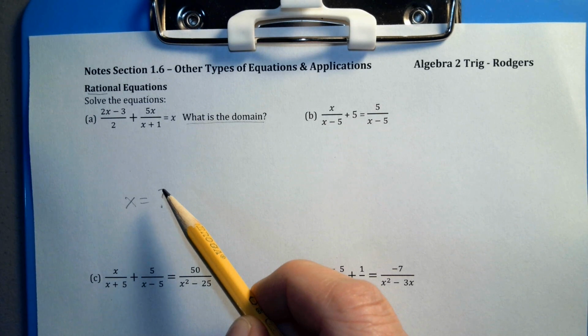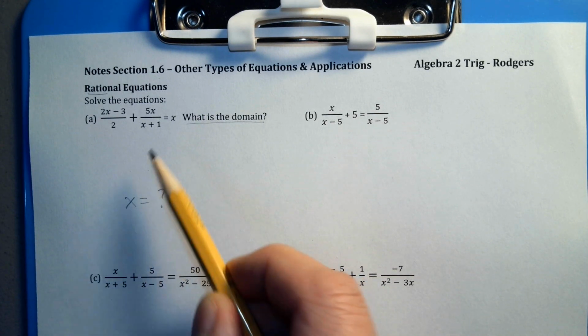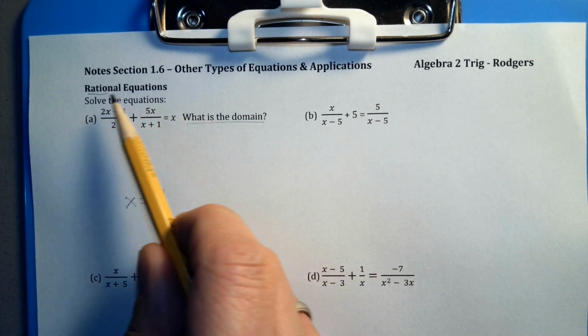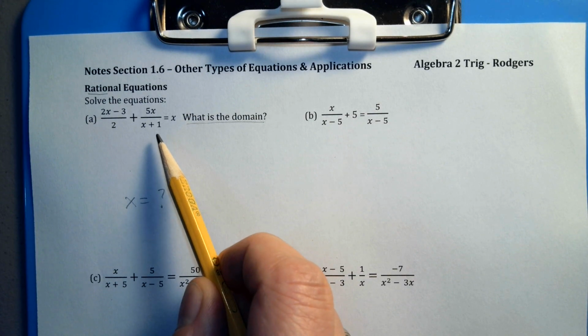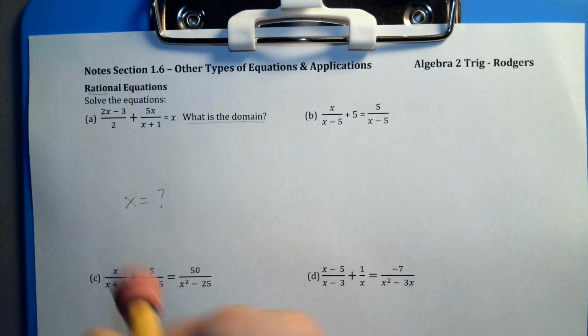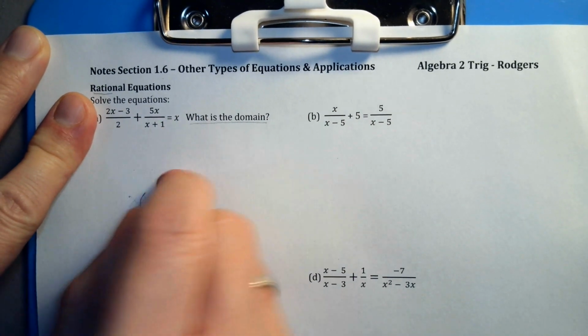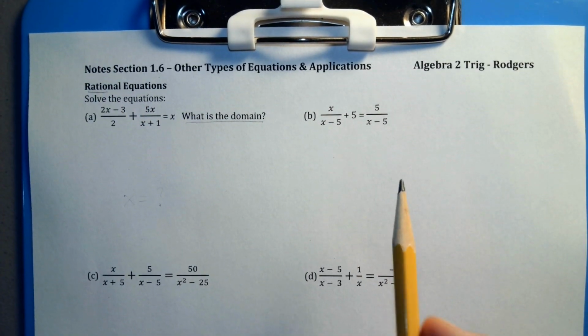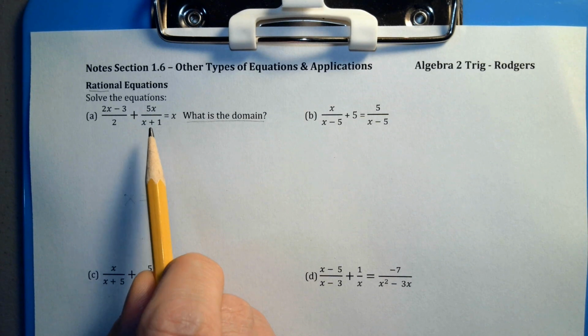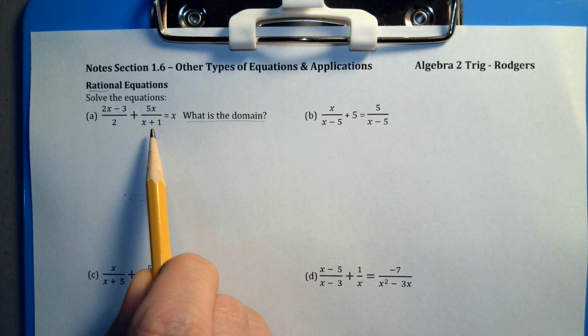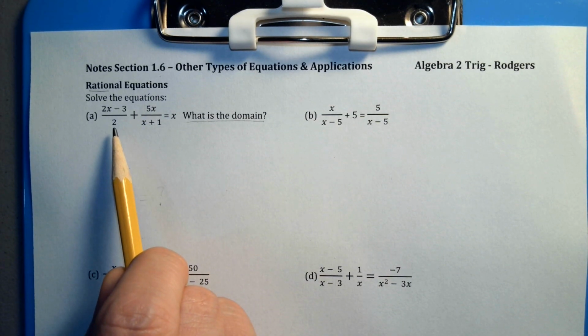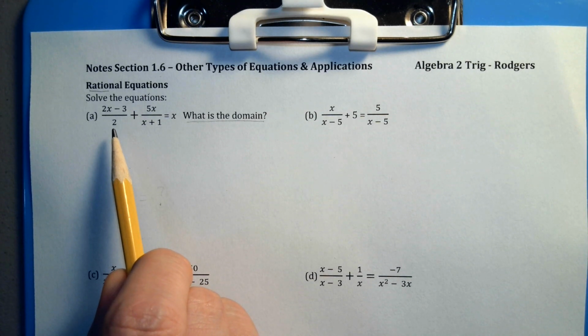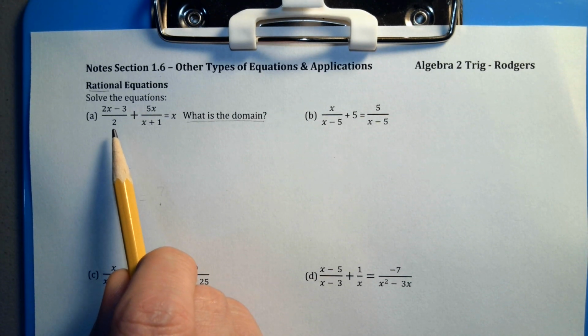What answer do we know would make this equation not exist, right? In this case, because it's just rationals, we don't want a denominator to take on a value of 0. So no x value would make this denominator 0. That denominator is 2. So it doesn't matter what x is, it's still going to be 2. So that's not going to cause a problem.